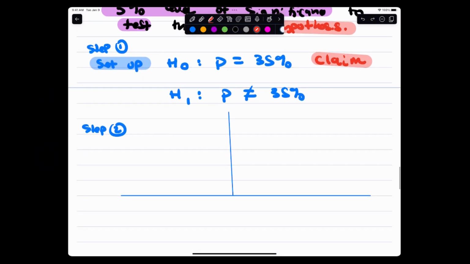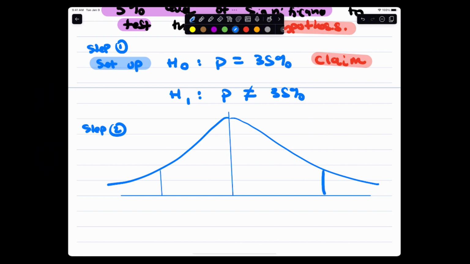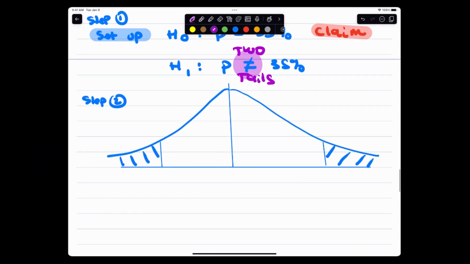What you want to do now is create a normal distribution bell that has 2 tails. This is where you see not equal. This will have 2 tails. Step number 2.